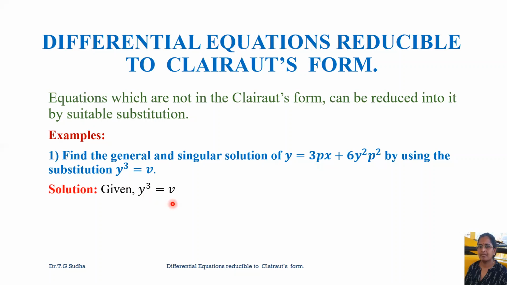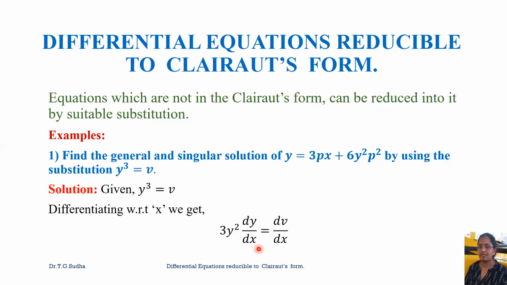Solution: given y cube is equal to v. So let us find what is dy by dx. For that, let us differentiate both the sides with respect to x. So we get 3y square into dy by dx is equal to dv by dx. Now we know that dy by dx is the small letter p.